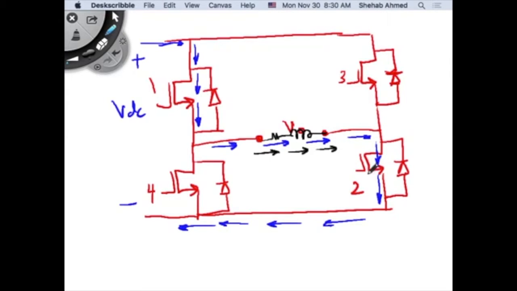So 2 is off. I turned off 1 and 2. So where is current going to flow? It cannot go through 2 because it's off. Cannot go through this diode. Cannot go through 3. So it's going to go through this diode. And then it's also going to come through, did I turn on 4? I did not turn on 4, so it's going to come through the other diode.